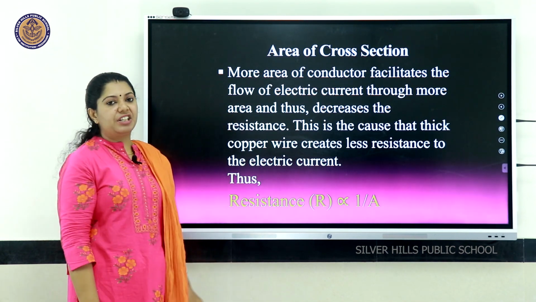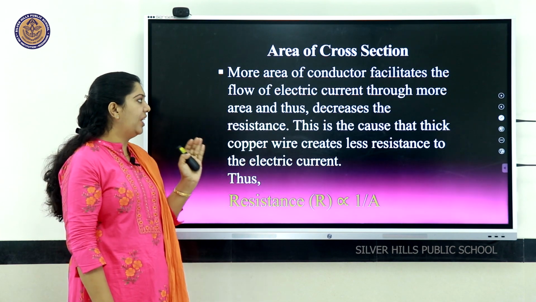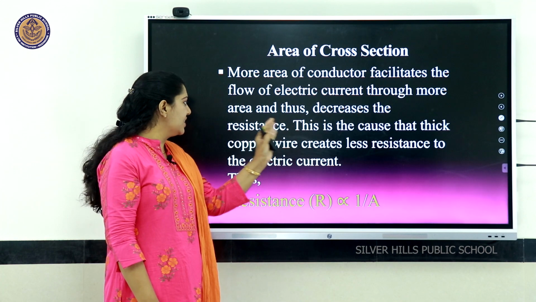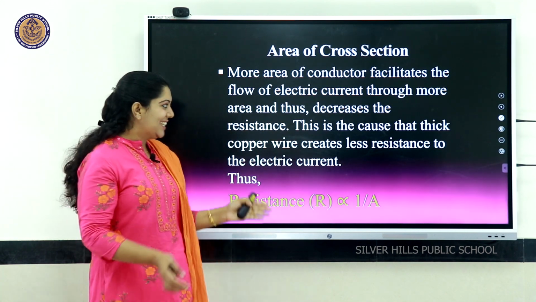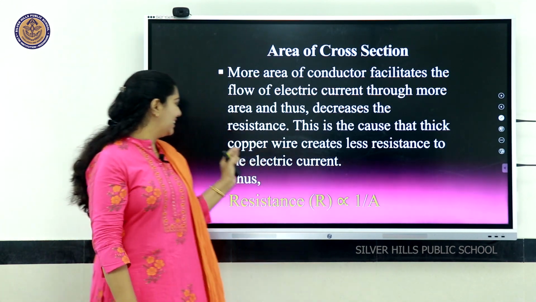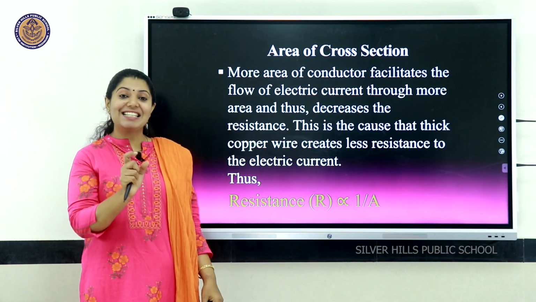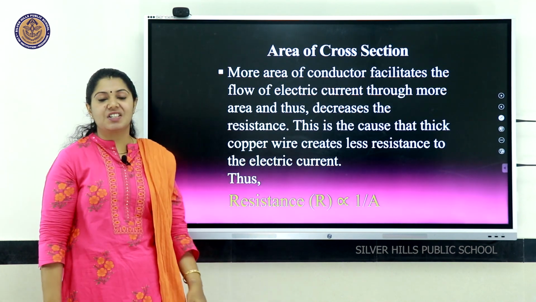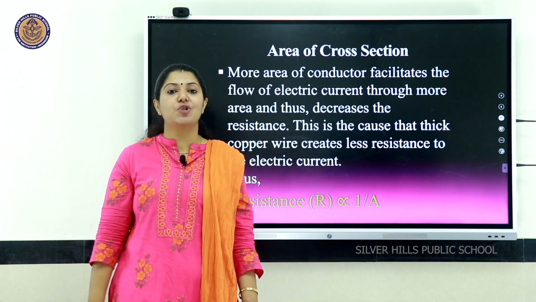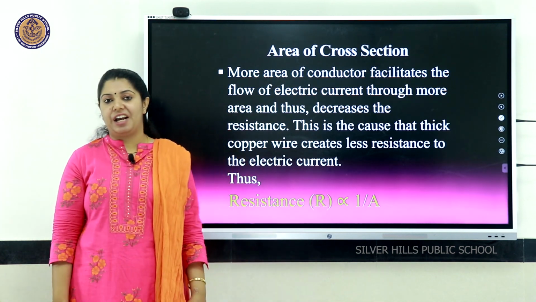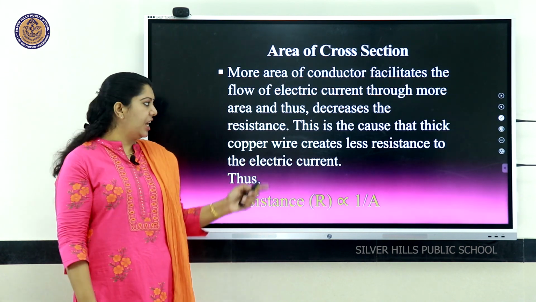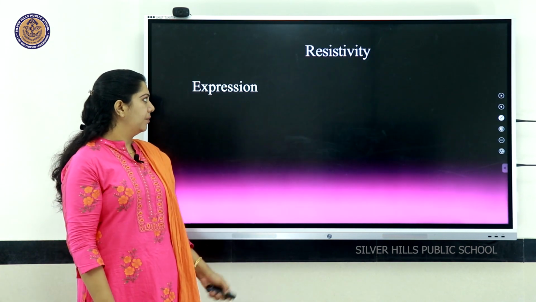More area of the conductor facilitates the flow of electric current through more area and thus decreases the resistance. This is the cause that the thick copper wire creates less resistance to the electric current. We can say resistance R is directly proportional to 1 by A, or we can say resistance is inversely proportional to the area of the conductor.